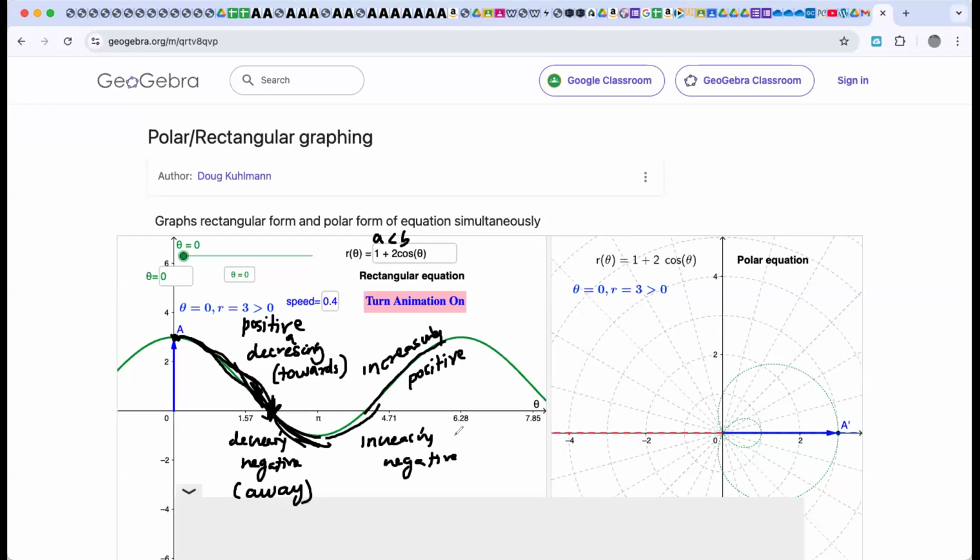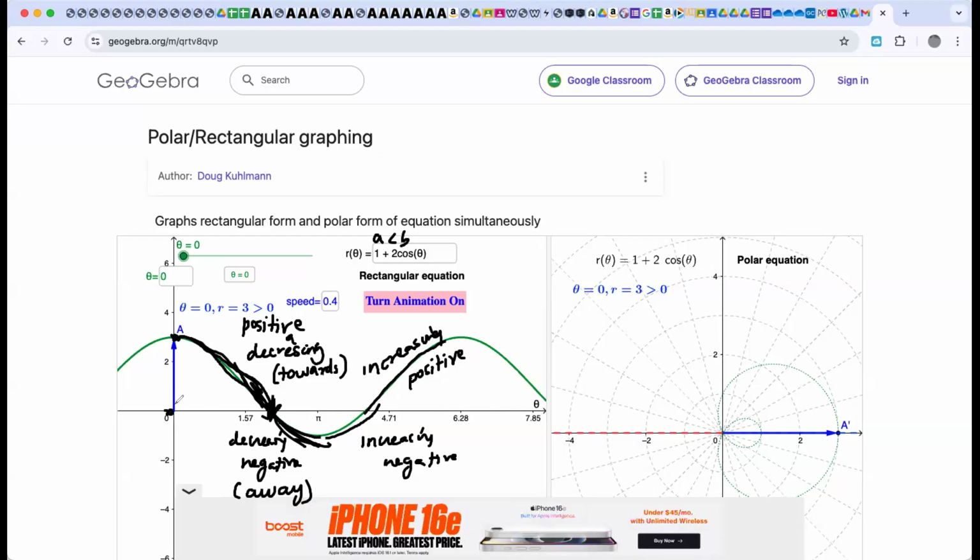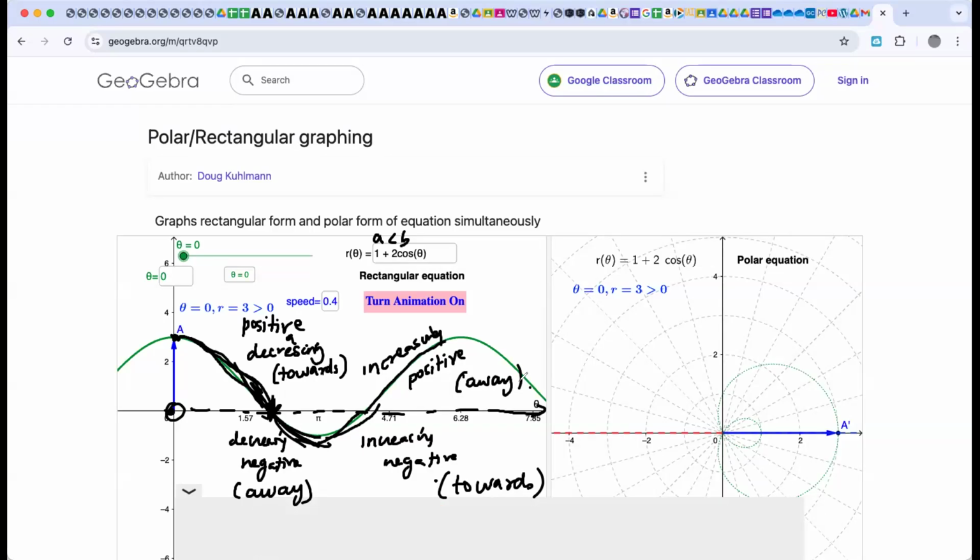Pole is your horizontal axis. So now increasing negative, what is happening? It's going towards the pole. And then increasing positive, it's going away. Any questions here?